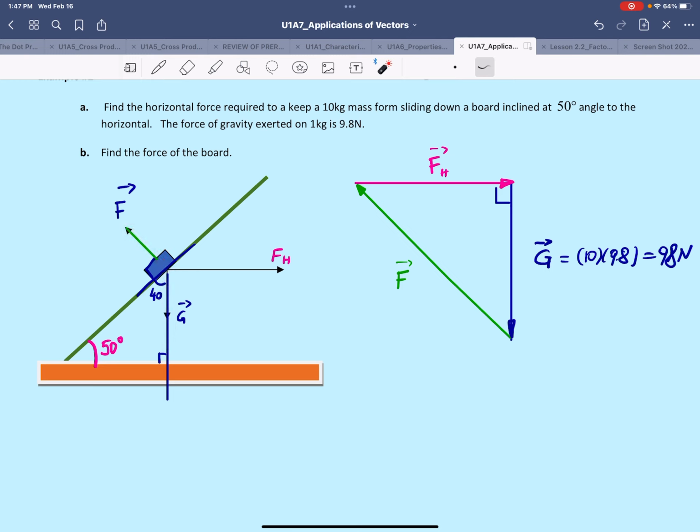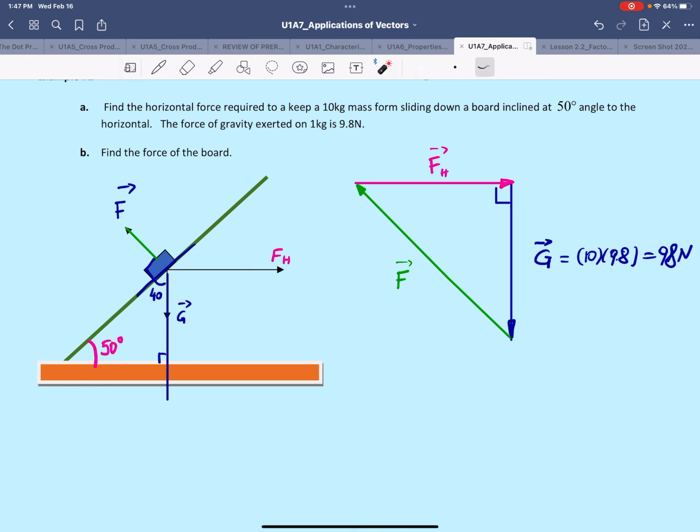So what that means is that if we had the vector G placed in here, and vector F is right here, then this angle made between vectors G and F, placed tail to tail, would be equal to 40 plus 90, or 130 degrees. So right here.